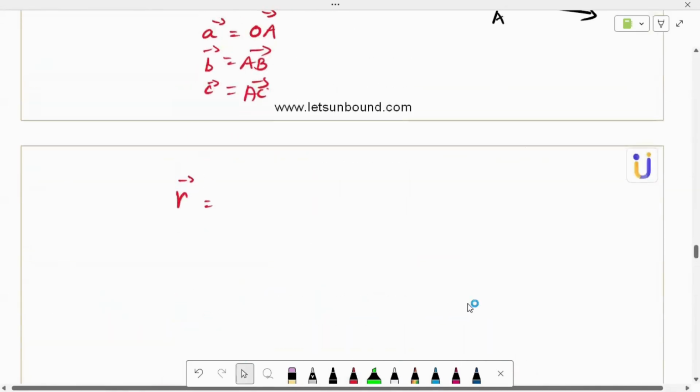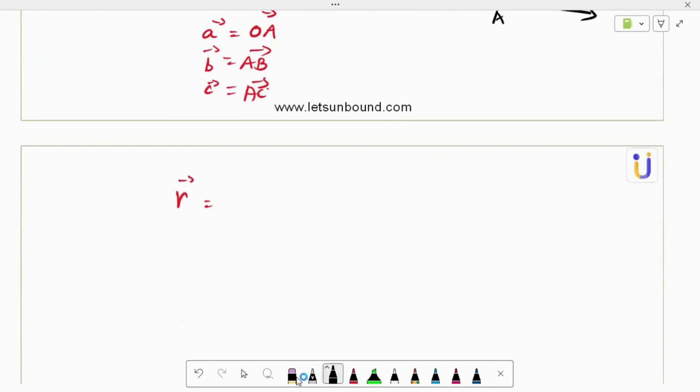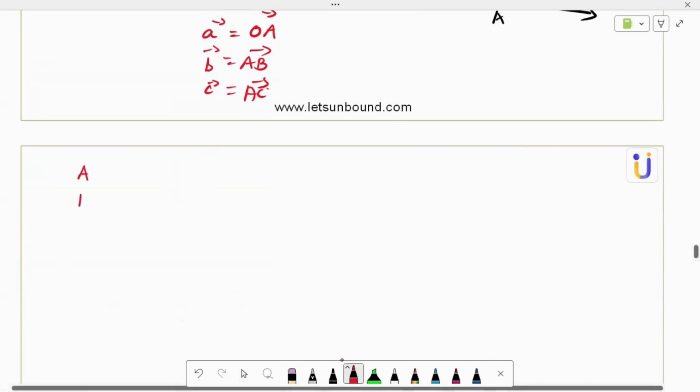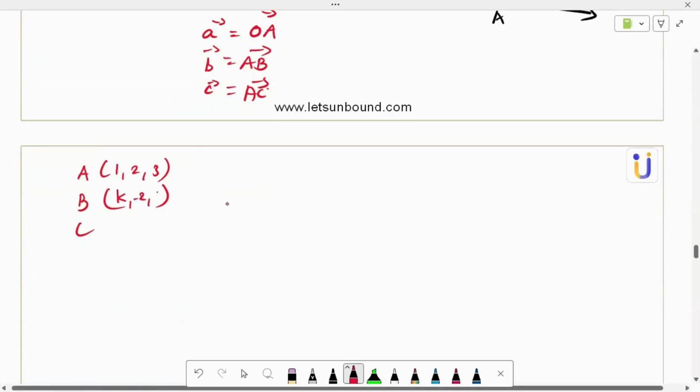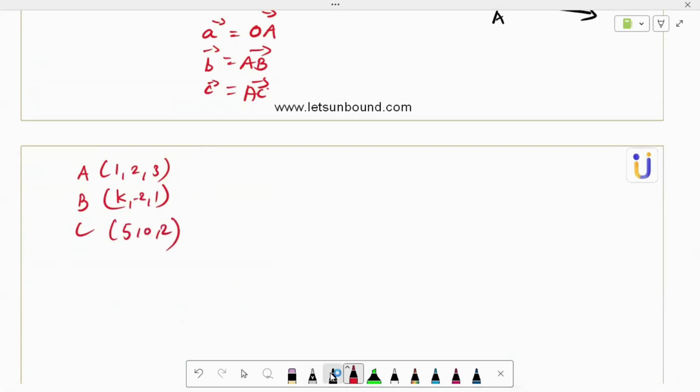And you can even quickly solve this before searching it. So what are A, B, and C? We can list it out. A is 1, 2, 3. And the B point is given as K, minus 2, minus 1. C is 5, 0, 2. Okay.